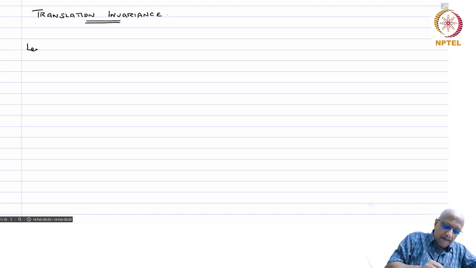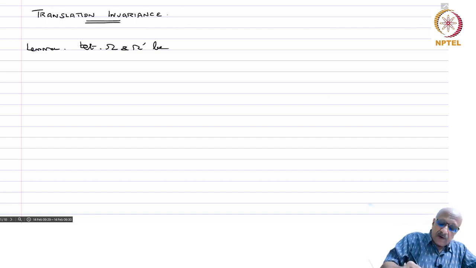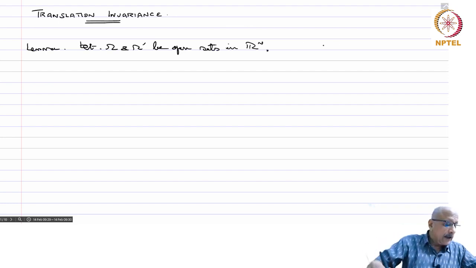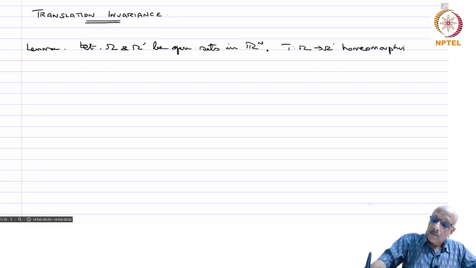Lemma: let omega and omega prime be open sets in Rn, and T from omega to omega prime a homeomorphism. So these are homeomorphic open sets.